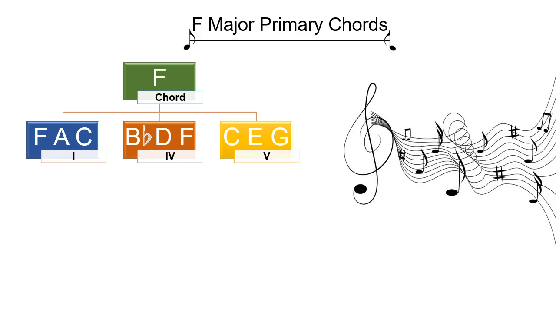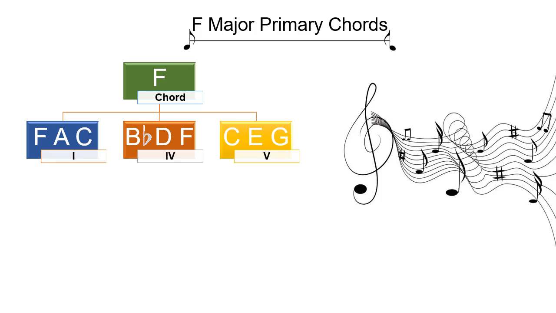So we have the third, which is A from F. If you count again, from F you get to G, from G you get to A. So A is the third from F, then from A now you get to C, which is the third from A. That gives us the primary chord built on the first degree of F major scale.